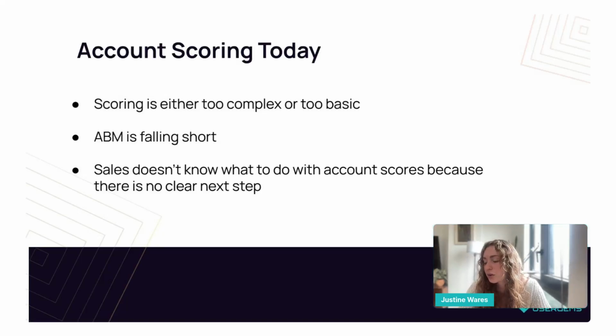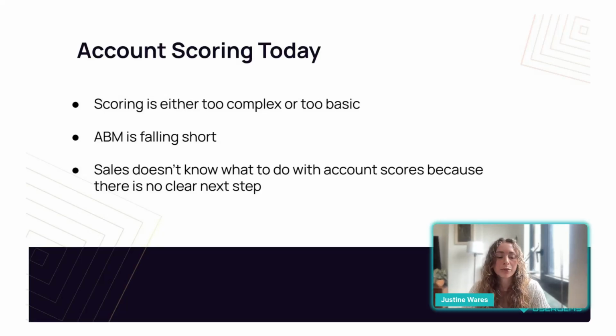But account scoring, the way it is today, is either really complex, and a lot of teams don't know what goes into it and what makes an account have a high score or be surging, or it's too basic, to the point where it's not signal data. It's just firmographic data, where this company looks like it would convert higher, so we're just going to give it a higher score.